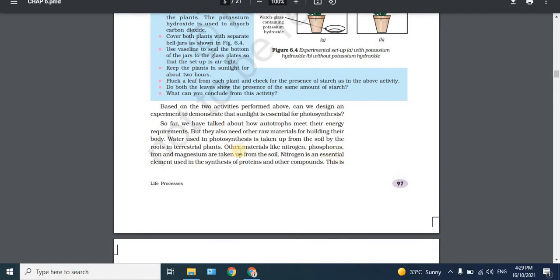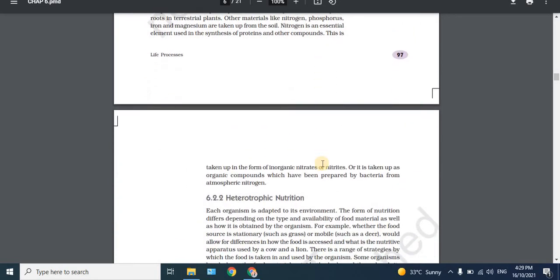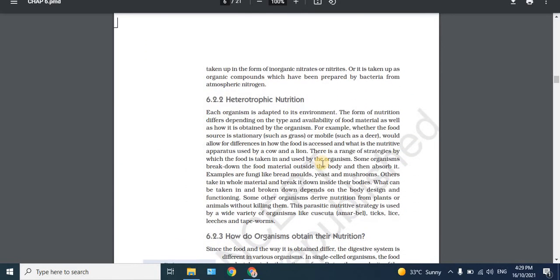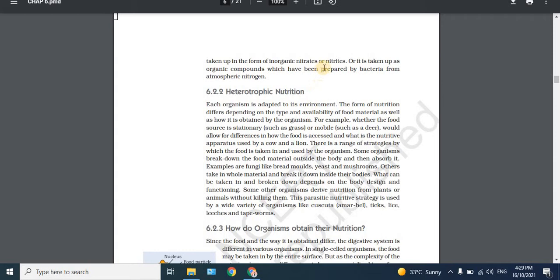Nitrogen is an essential element used in the synthesis of proteins and other components. This is taken up in the form of inorganic nitrates or nitrites, or as organic components which have been prepared by bacteria from atmospheric nitrogen.